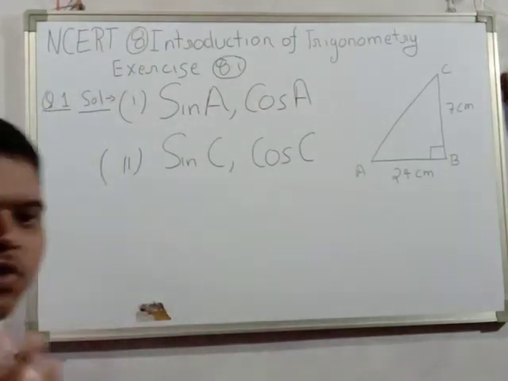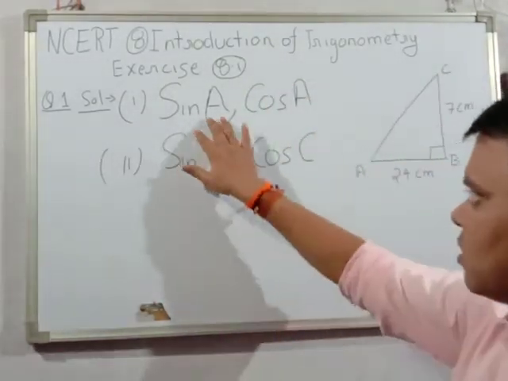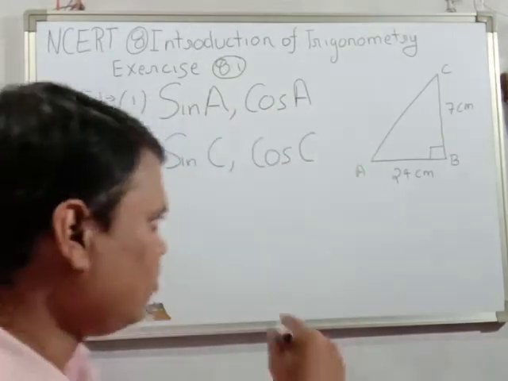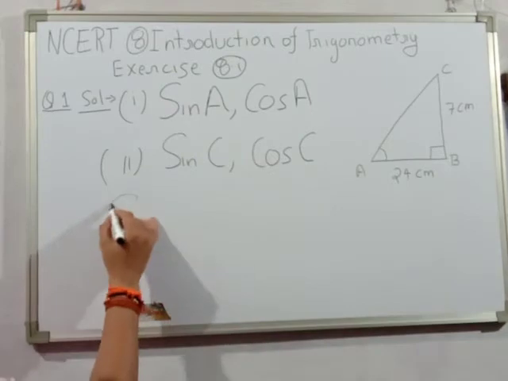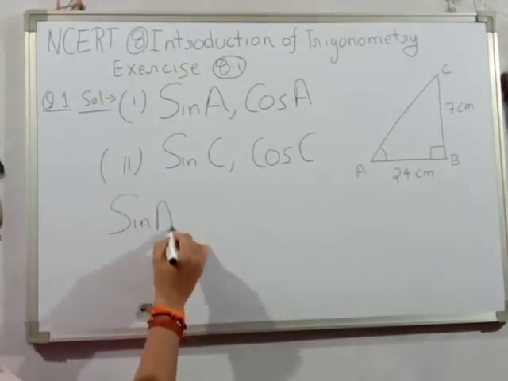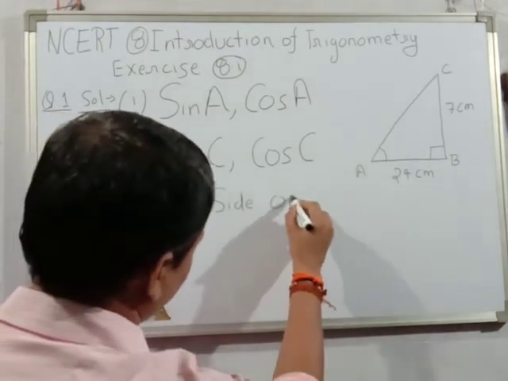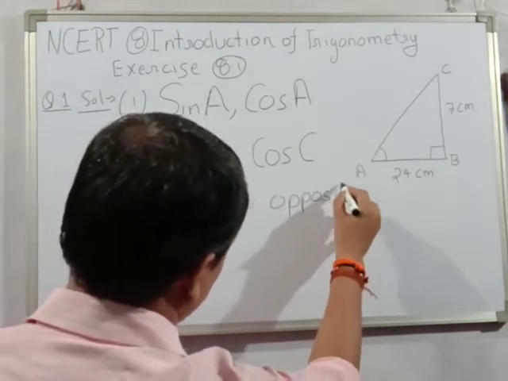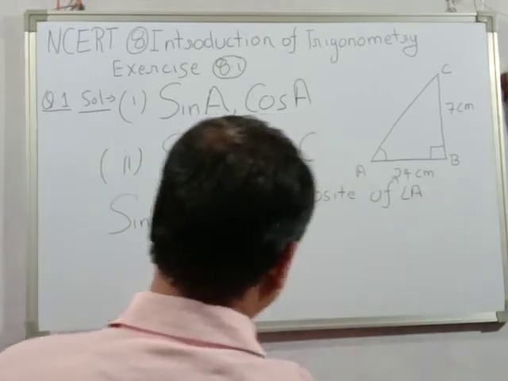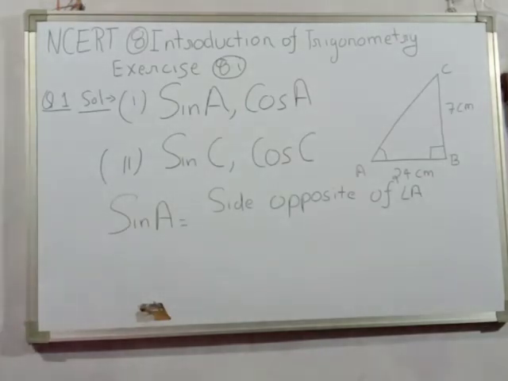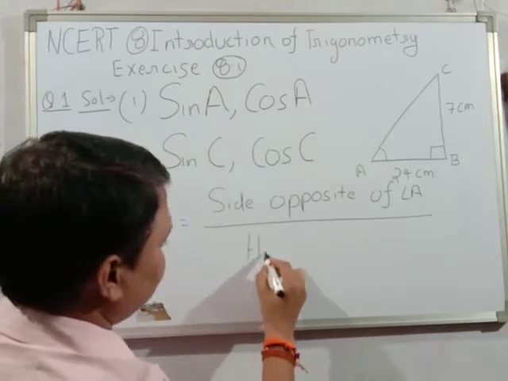What is sin A? What is the formula of sin A? The formula of sin A is side opposite of angle A divided by hypotenuse.